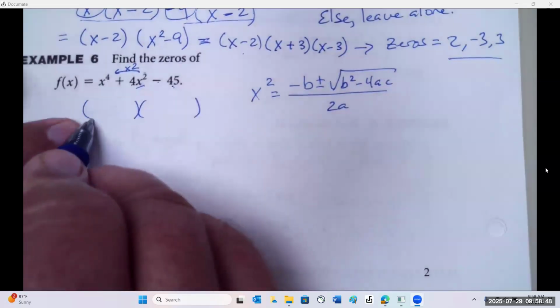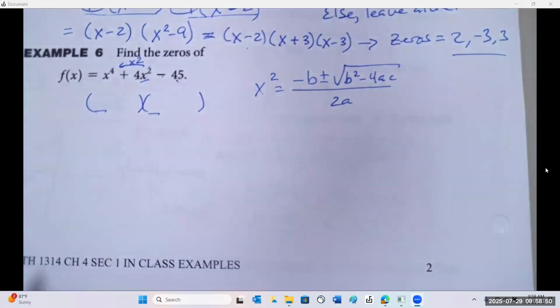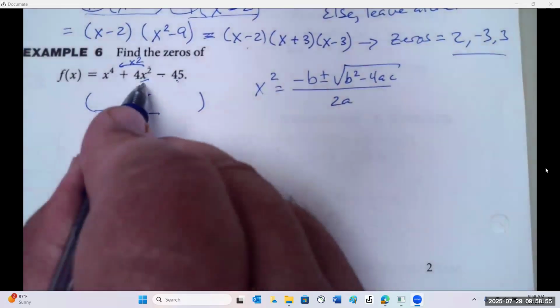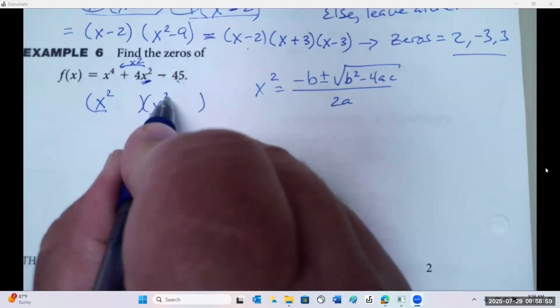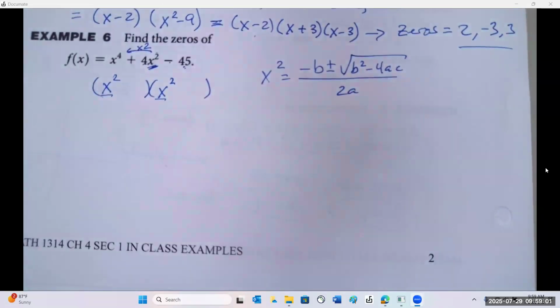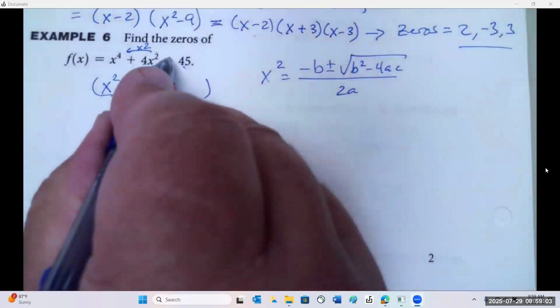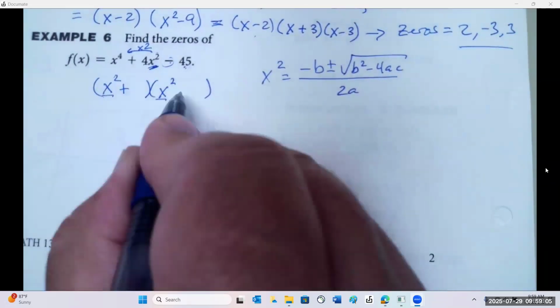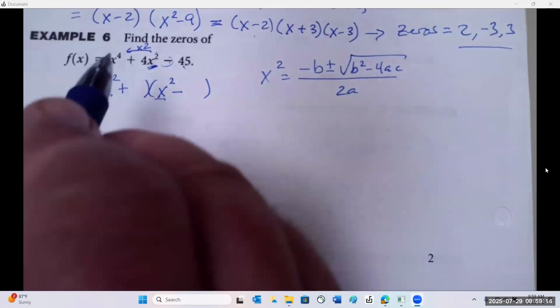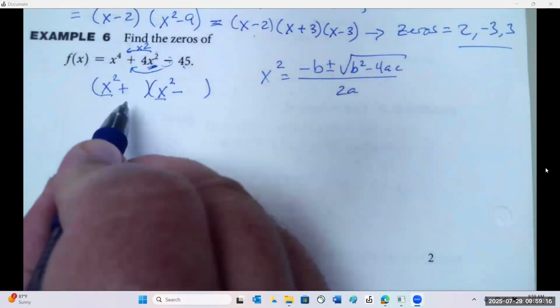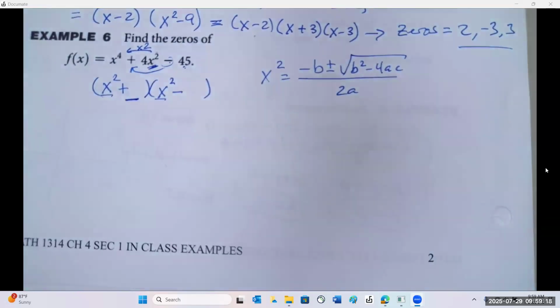So what would go in this first spot here for factoring? You're always solving for the middle term, so it's x squared. The second sign's a minus, so it tells us the signs are opposites. Which sign does the bigger number get? Since the first sign is positive, the bigger number goes there.